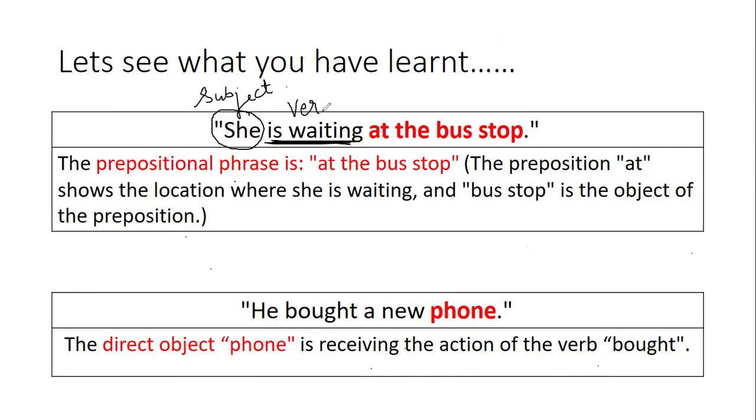That is our verb. Where is she waiting? At the bus stop. At is our preposition. Bus stop is the noun. So our prepositional phrase is at the bus stop. The preposition at shows the location where she is waiting, our object of preposition.